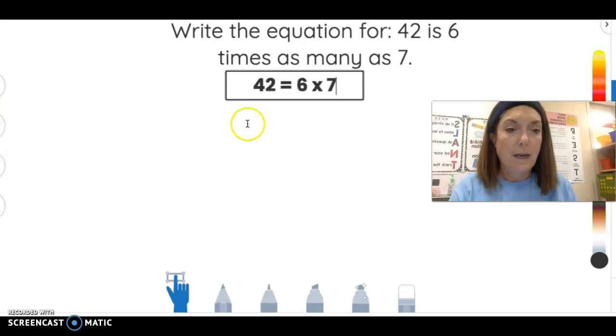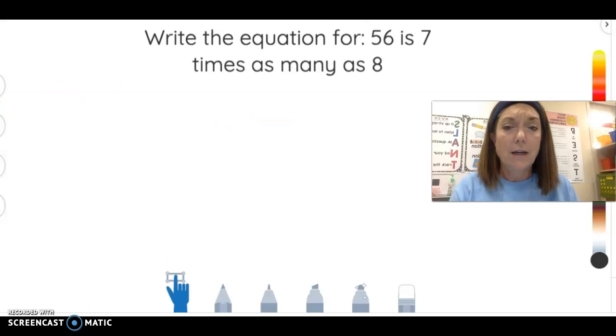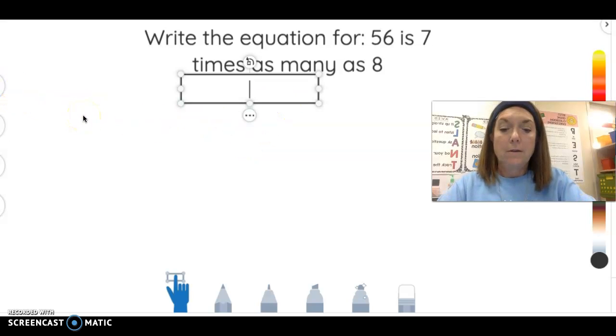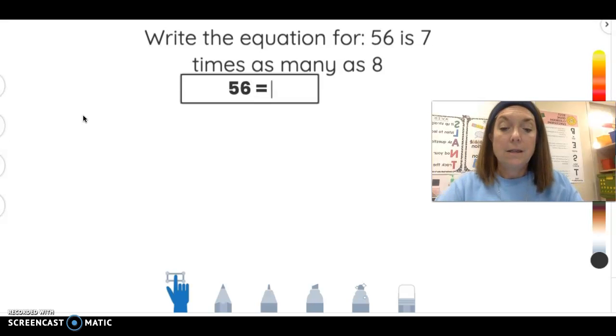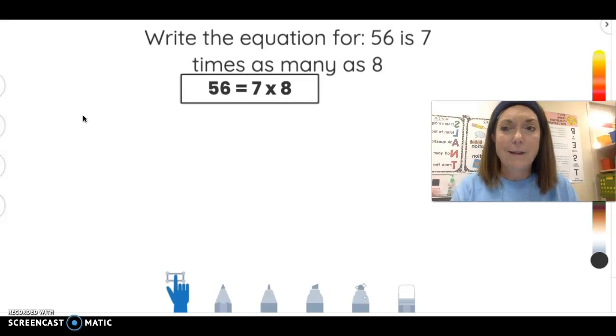Piece of cake. You can do this, you've got it. Same thing here. You're going to write the equation. 56 is 7 times as many as 8. Wow, I think we got it.